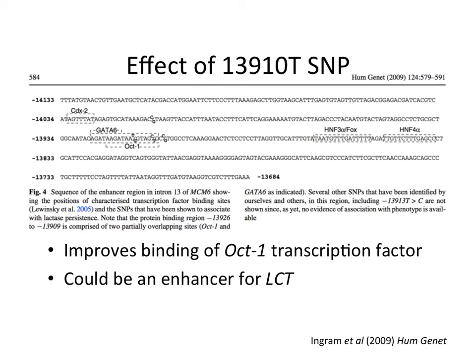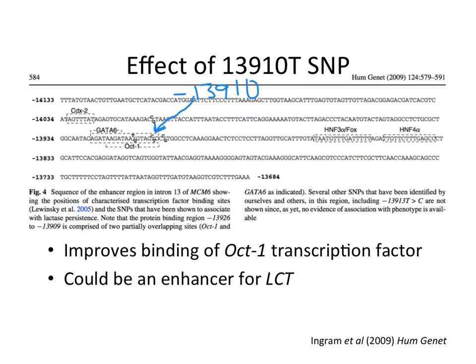If you're interested in how this works, this is the article I would suggest you look at, a 2009 Human Genetics paper, where they identify these SNPs and how they work. And that C to T change happens right there. That's that minus 13,910 position, 13,910 base pairs away from the start of transcription of lactase.